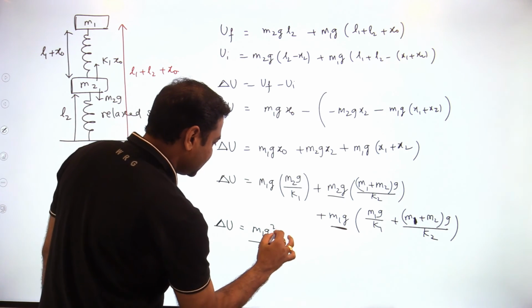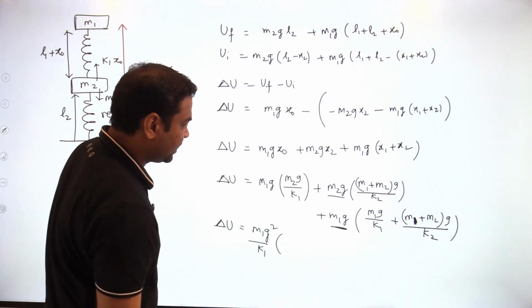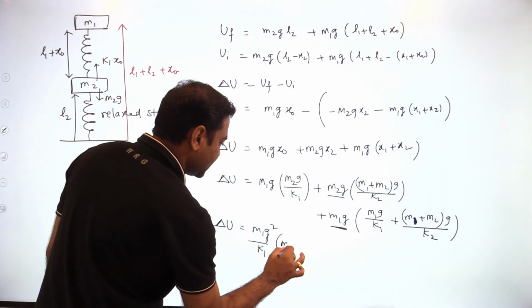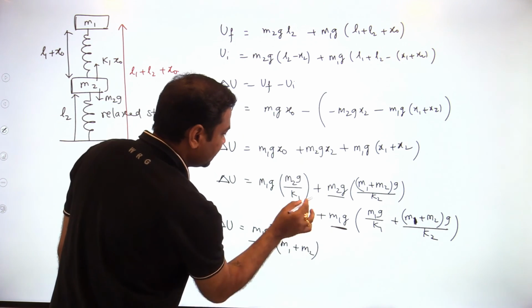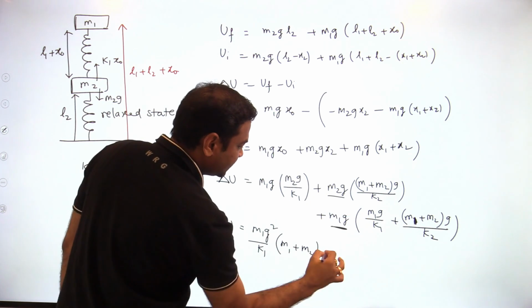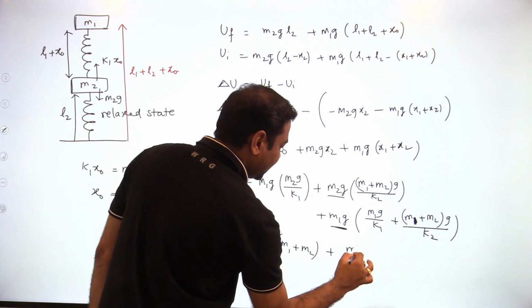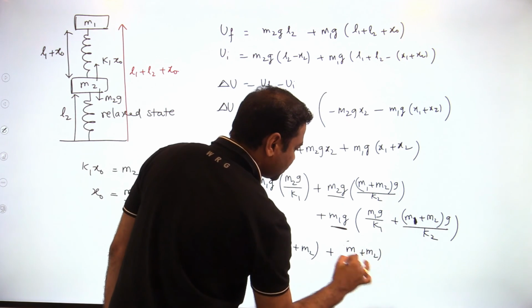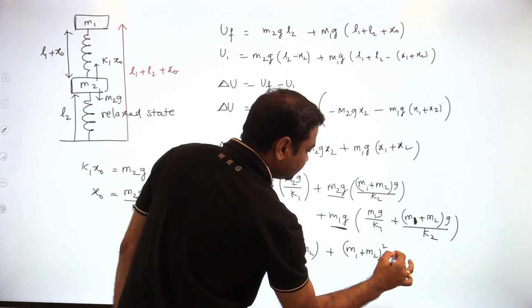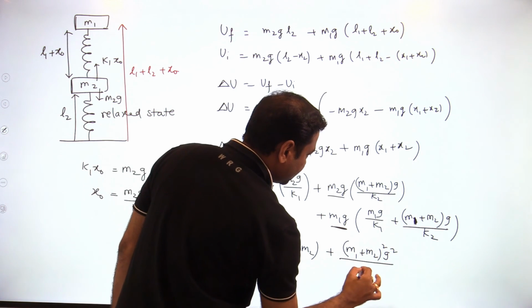If I take M1 g squared by K1 common, then these two terms, this and this first term multiply. In this one it is directly (M1 plus M2) whole squared into g squared by K2.